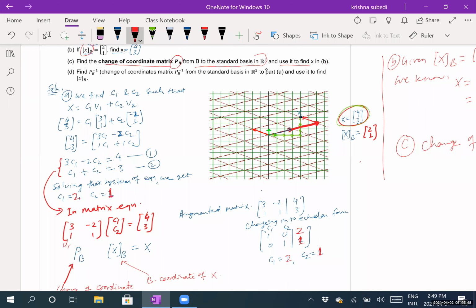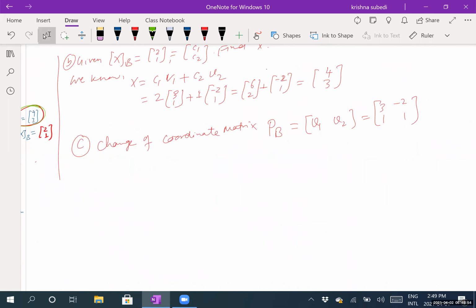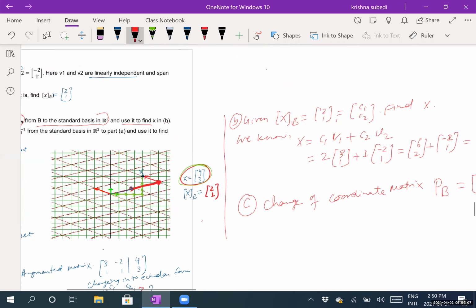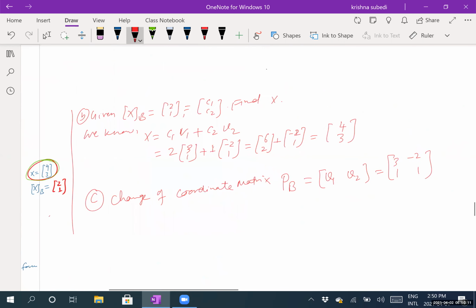Basically, this one is V1 and this is V2. You can directly write V1 and V2 if you like. And the question says use it to find X. Okay, using that we'll find X.